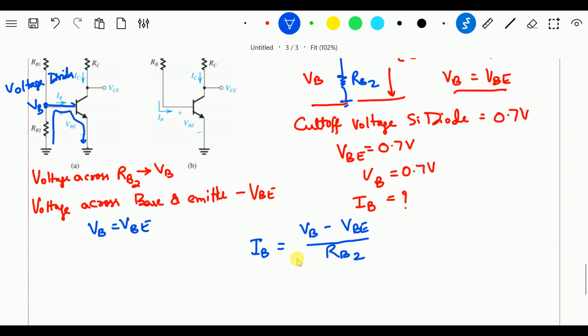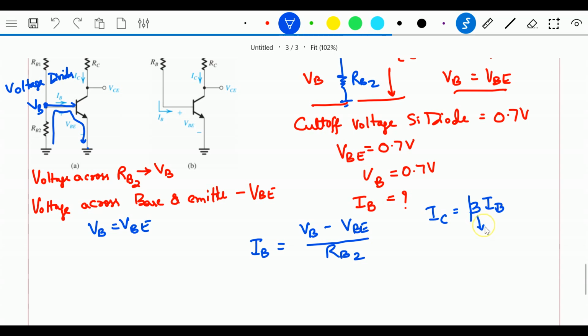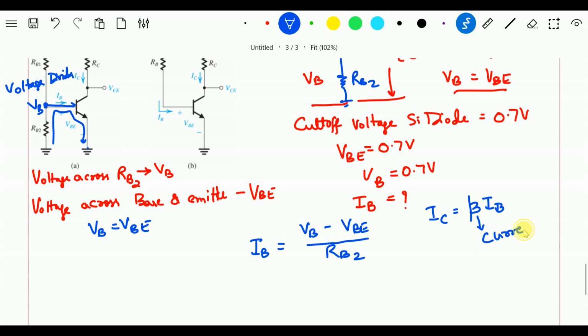After finding IB through this equation, we know that IC equals beta times IB. This equation is what we have derived in some basic discussion on transistors, where IC is equal to beta times IB, where beta is the current gain. So once IB is found through this equation, it is easy to find IC.